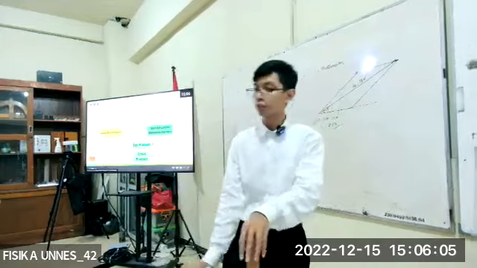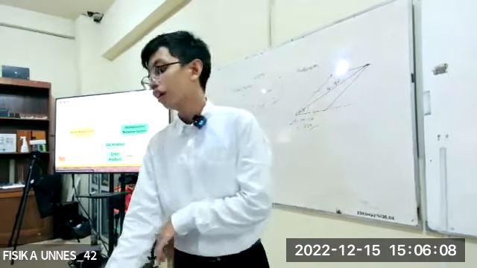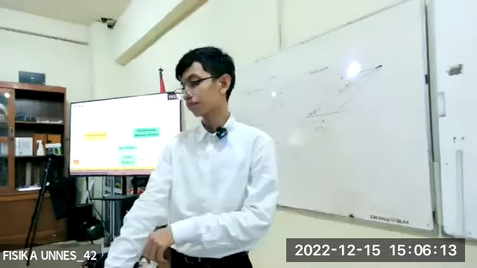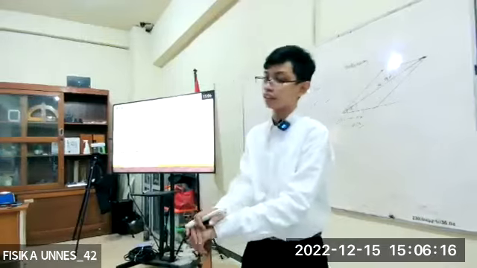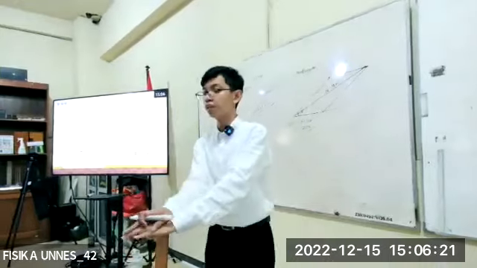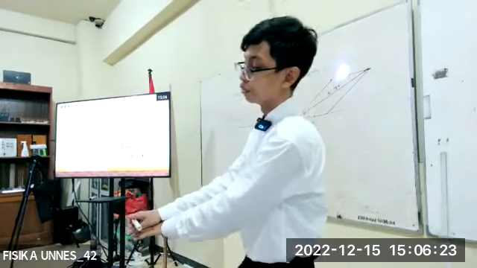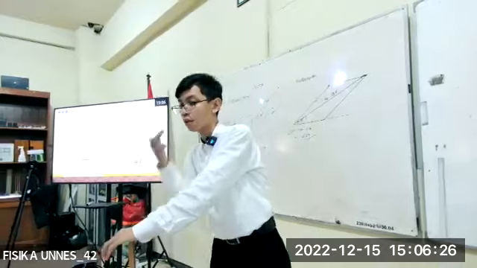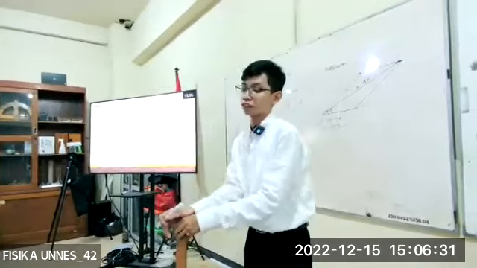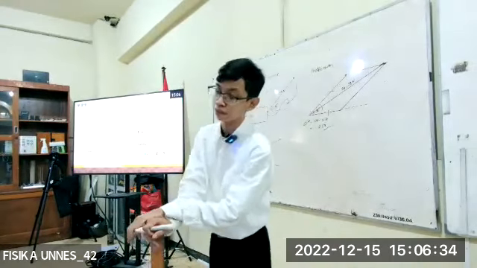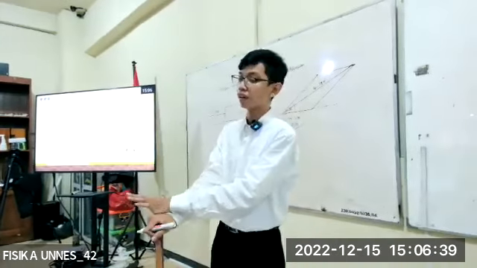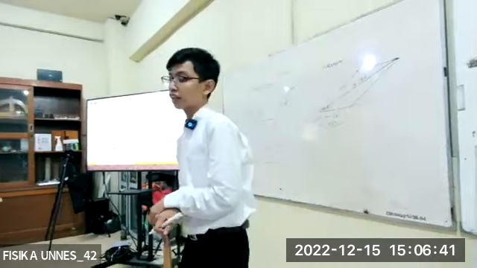And the next one is multiplication between vector and vector. It includes the dot product and also the cross product. The dot product is a multiplication that is called the scalar product, because when we multiply both vectors, vector A dot vector B, the magnitude of the multiplication is a scalar quantity.